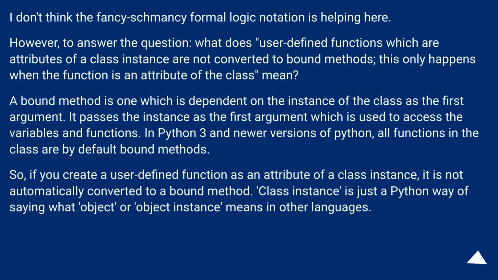So, if you create a user-defined function as an attribute of a class instance, it is not automatically converted to a bound method. Class instance is just a Python way of saying what object or object instance means in other languages.